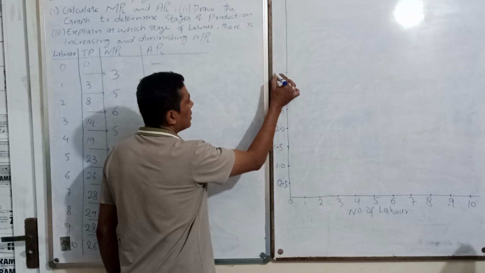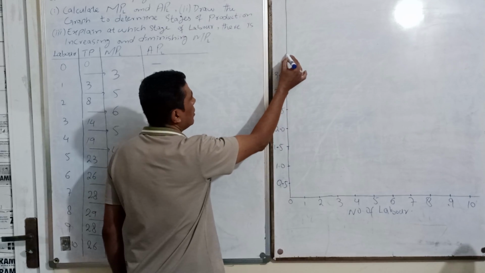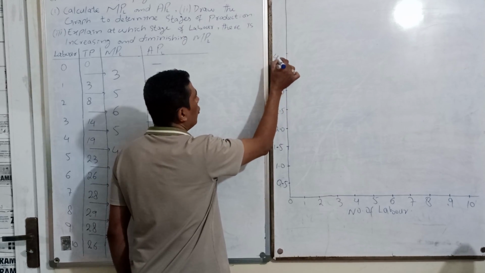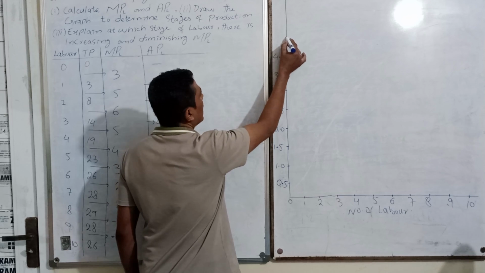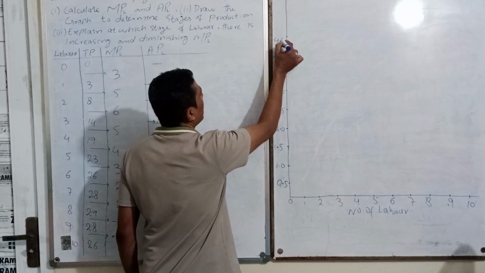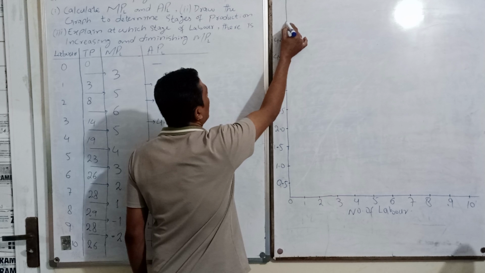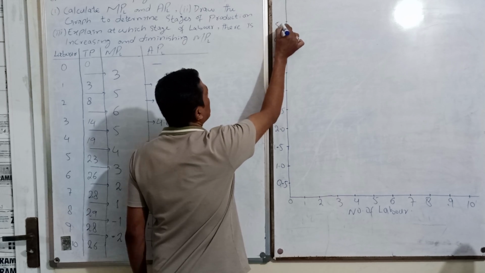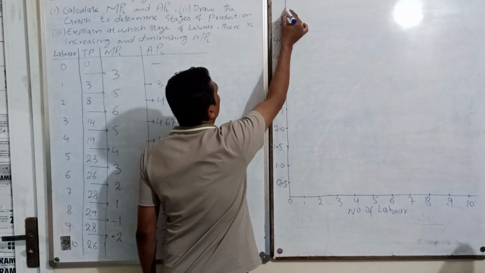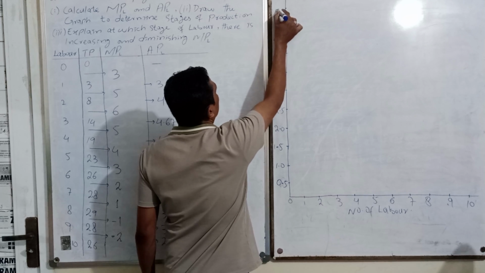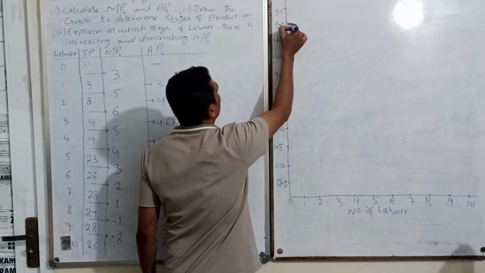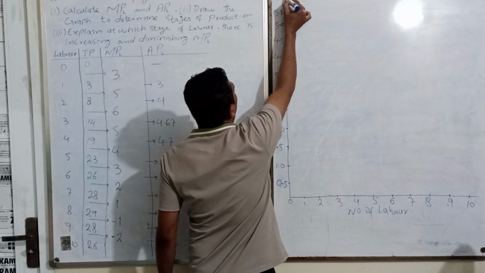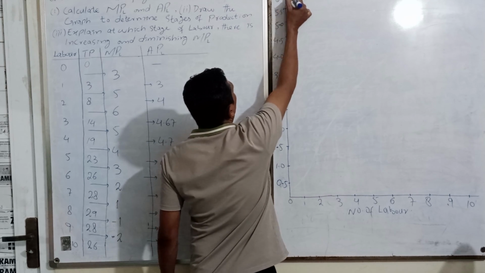And again, this is 3.5. And this one is 4.0. Again, it is 4.5. And now this is 5.0. What about this one? 5.5, and the last value is 6.0.